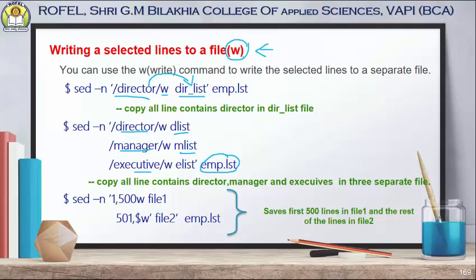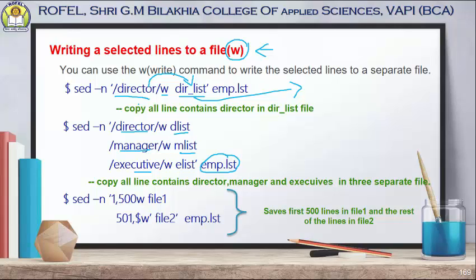W is used to write some selected lines into a separate file. That means you create a new file and you can store the selected lines in that file, copy them. But remember, if the file name you give here already exists in your system, then it will overwrite. So that's why you should use a new file name over here.